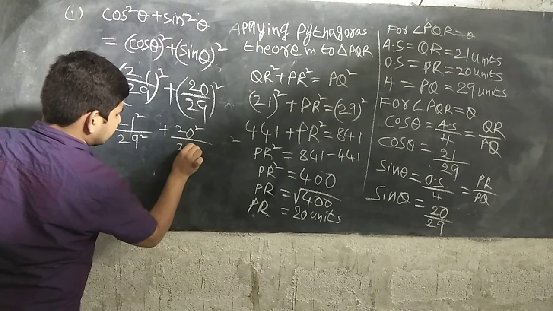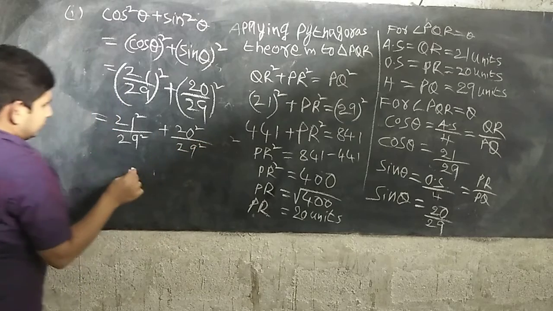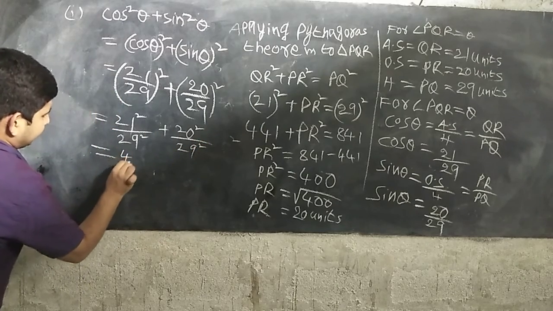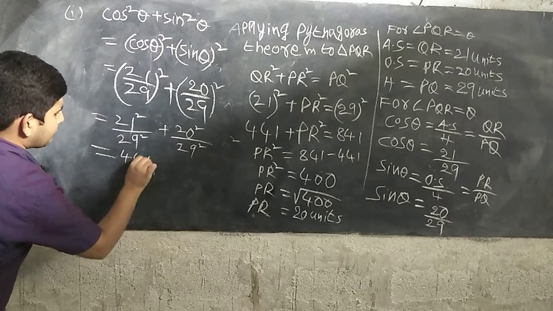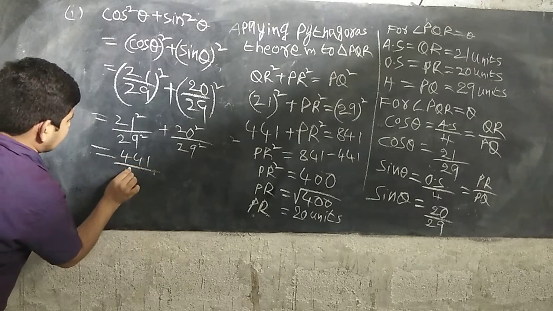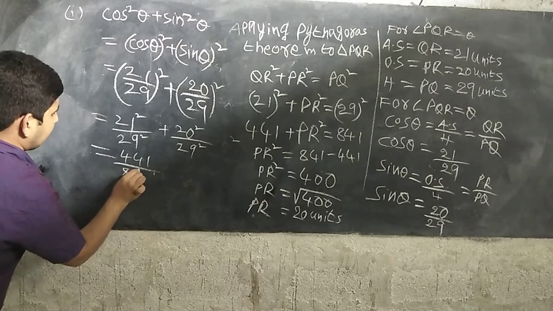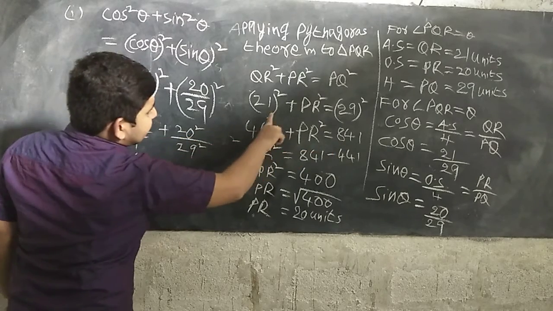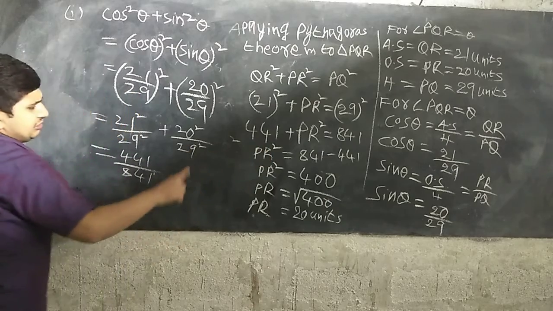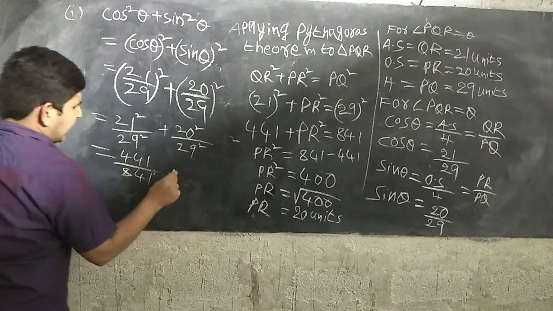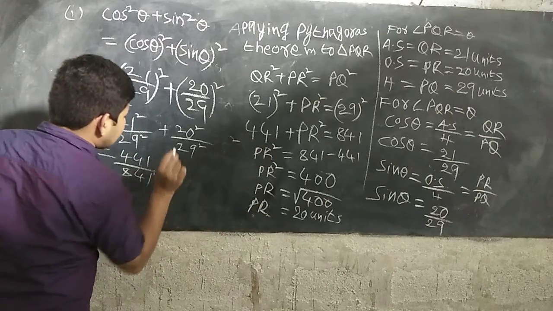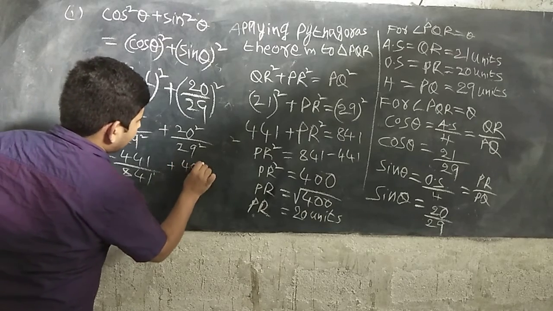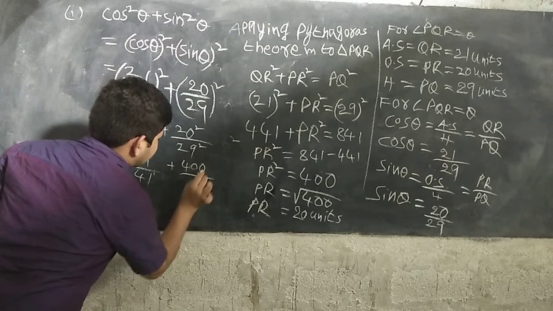Now 21 square equals 441, 29 square equals 841, and 20 square equals 400. So 441 by 841 plus 400 by 841.